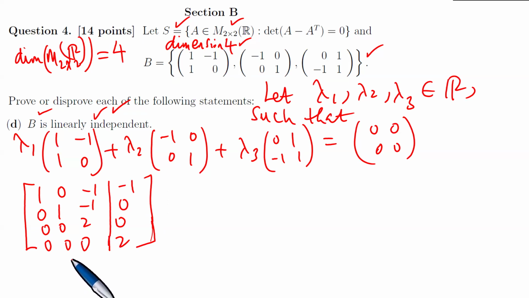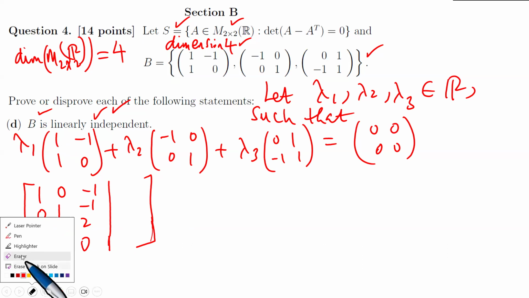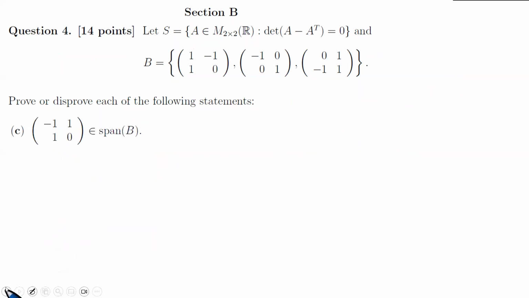But remember that we got to this matrix because we had taken that matrix that they gave us for the span. We took that matrix, everything equal to this, minus that, minus that, minus that.